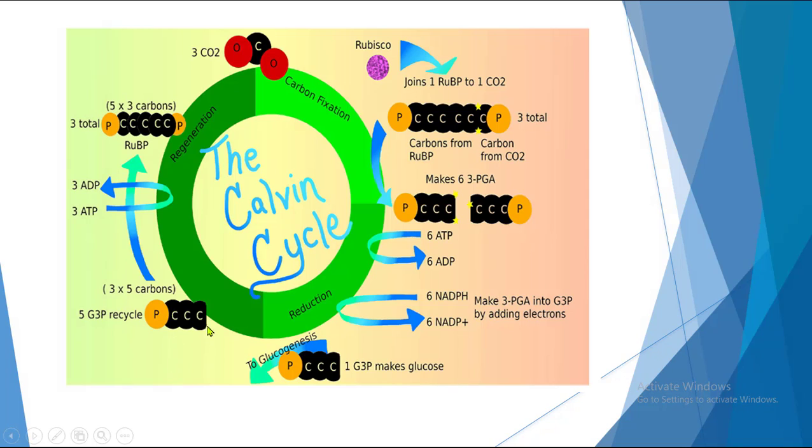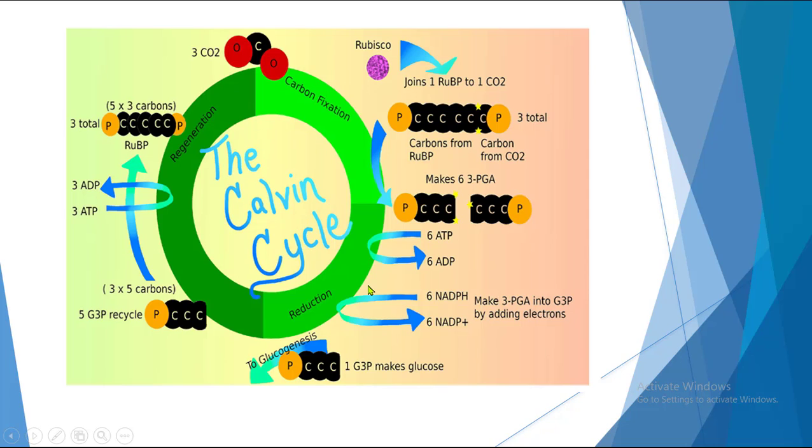Here you can see they undergo reactions and form this original carbon dioxide acceptor. That's why this process is known as regeneration. So this was about the dark reactions or the Calvin cycle.